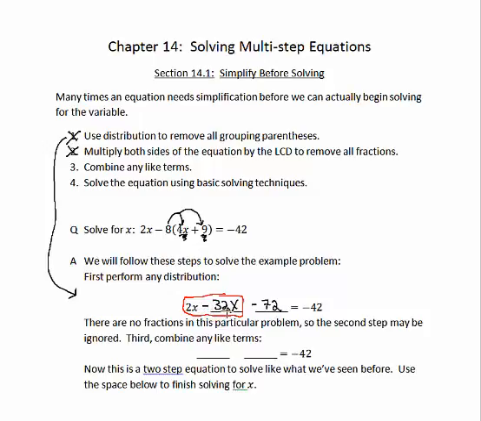Negative 32 plus 2 would be a negative 30x. Then we just bring down the negative 72. At this point we are back to an equation that resembles those from Chapter 13. To solve this, we would add 72 to both sides and then divide by negative 30.